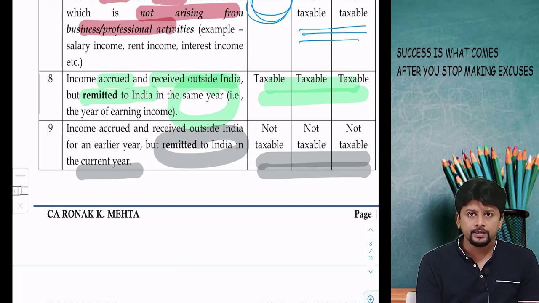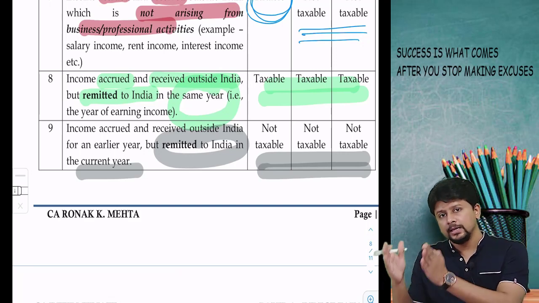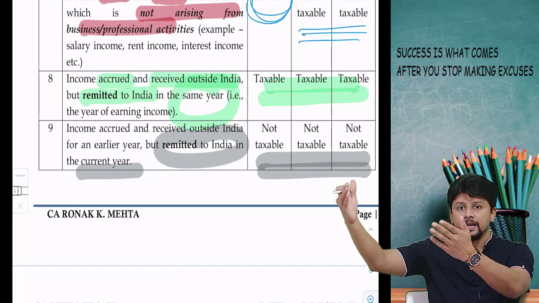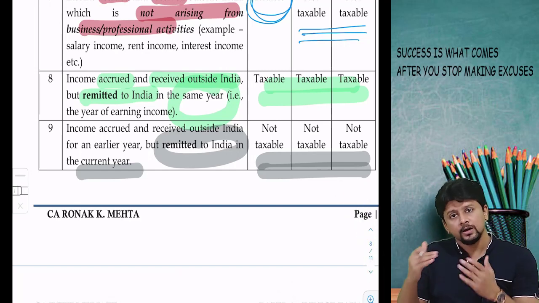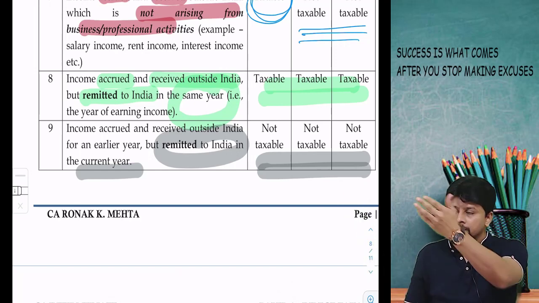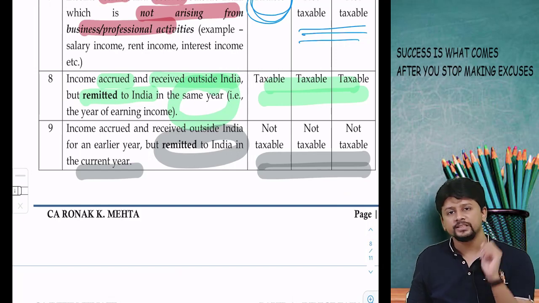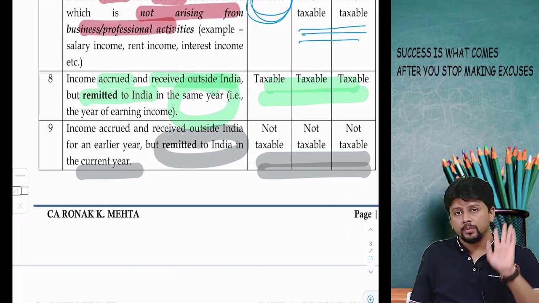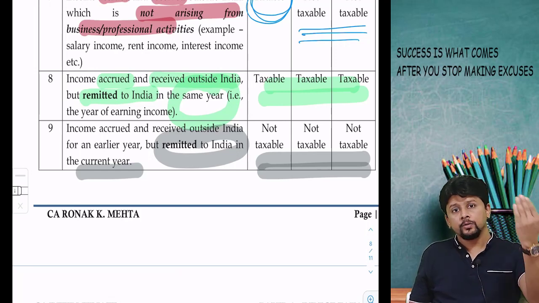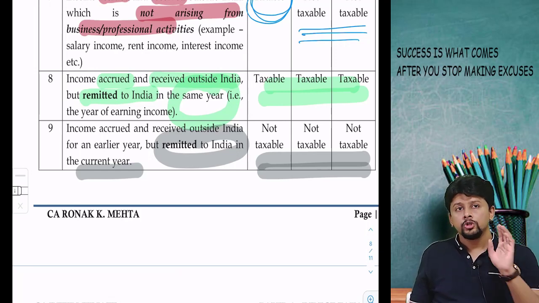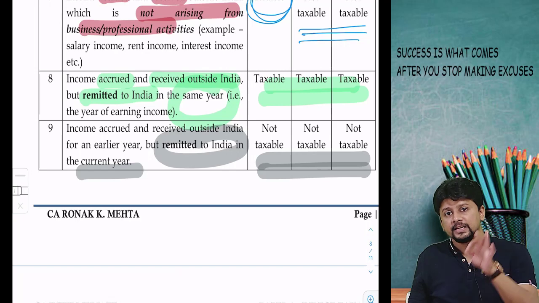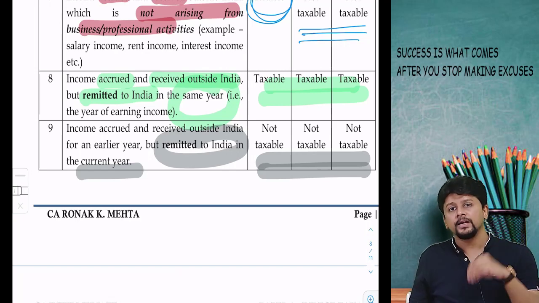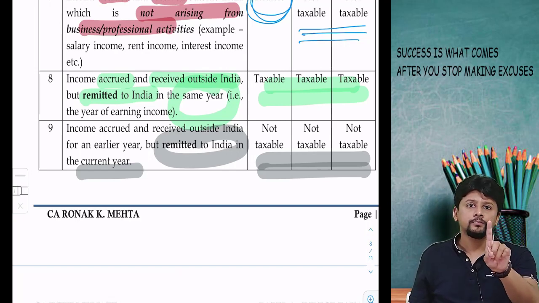So the concept is that if you earn income in year number 1 outside India, but bring it to India in year number 1 itself, then whatever you bring into India is taxable. But if you earn income in year number 1 and bring it to India in year number 2, you will not be charged to tax in year number 2 when you bring it into India. It is income of year 1.